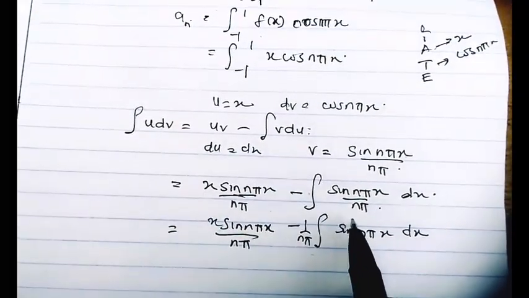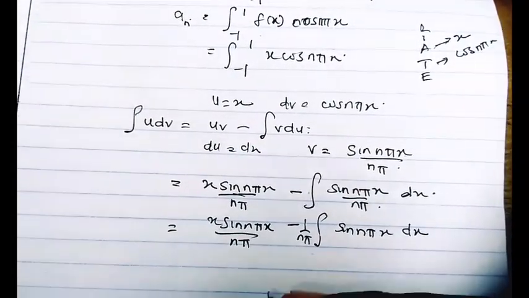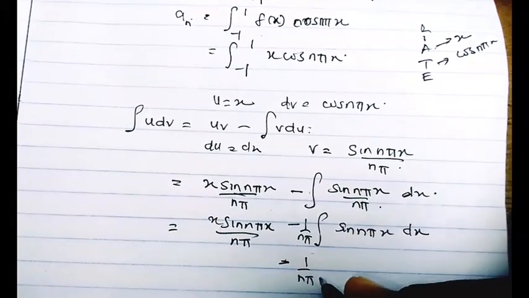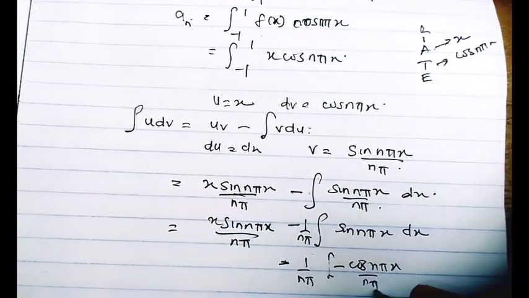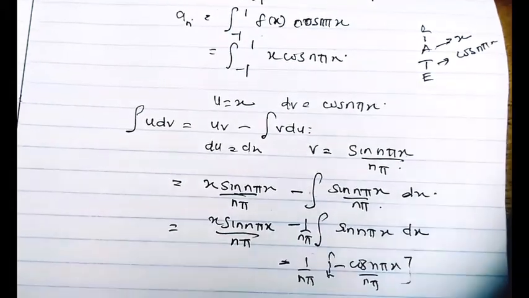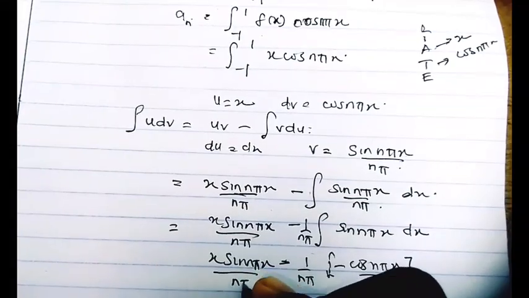Let's go on. So now we are going to integrate this. This is just a simple integration for us. So integrating sine n pi x, we'll be having 1 over n pi, minus cos n pi x over n pi. So this is x sine n pi x over n pi, right?